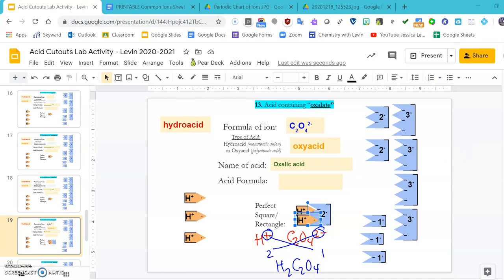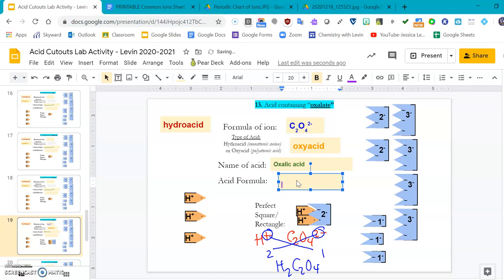So I am going to click in the box again, and I am going to write H2C2O4. And that is my formula for that.